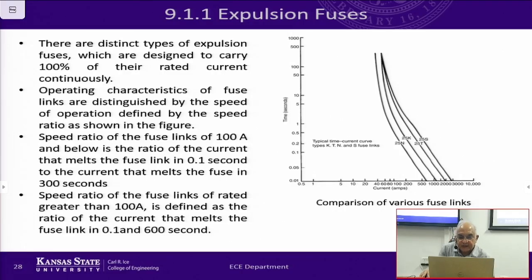Anyway, what you see is that the N fuse is the fastest of all of them. K is the next, T is the next, and S is the slow one.